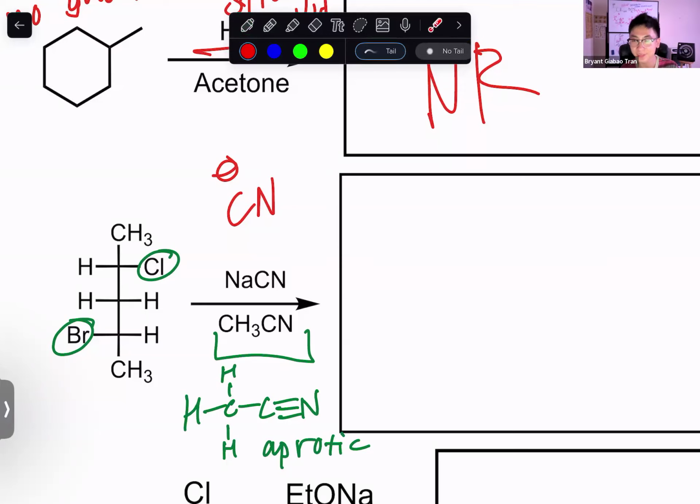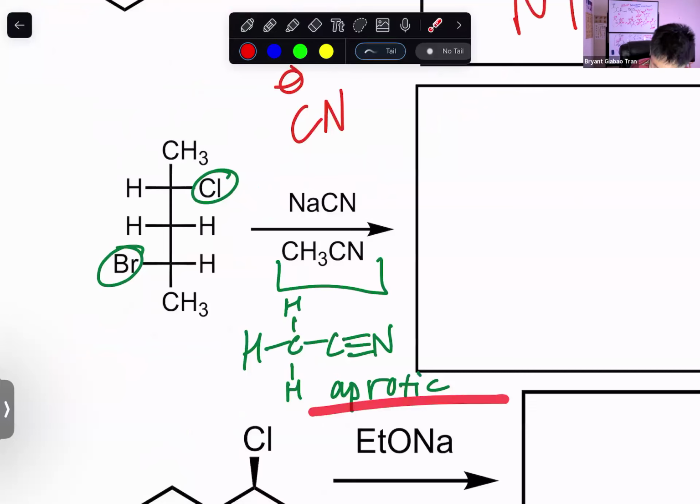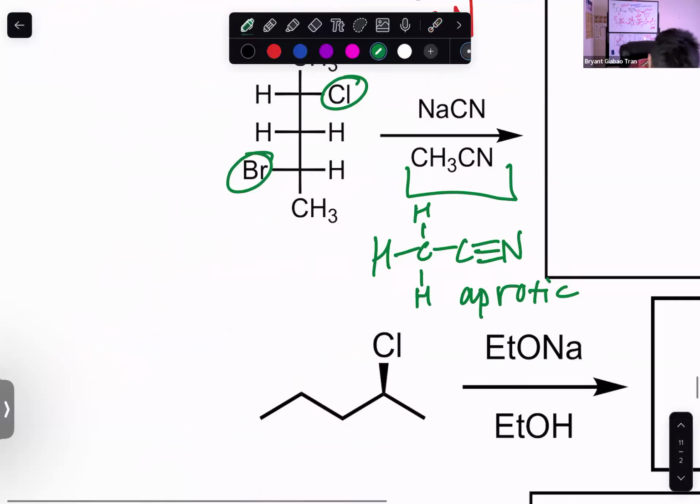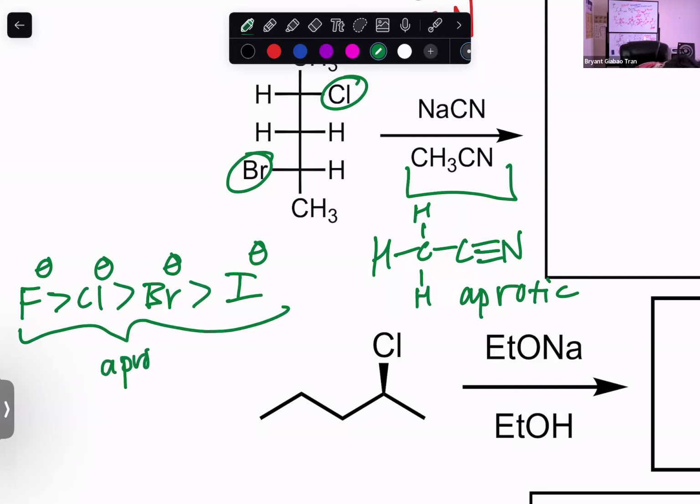This halide trend is more for nucleophilicity, where, let's say, fluorine, chlorine, bromine, iodine: fluorine is going to be the best nucleophile in an aprotic solvent. But if you are in protic solvent, the list flips.